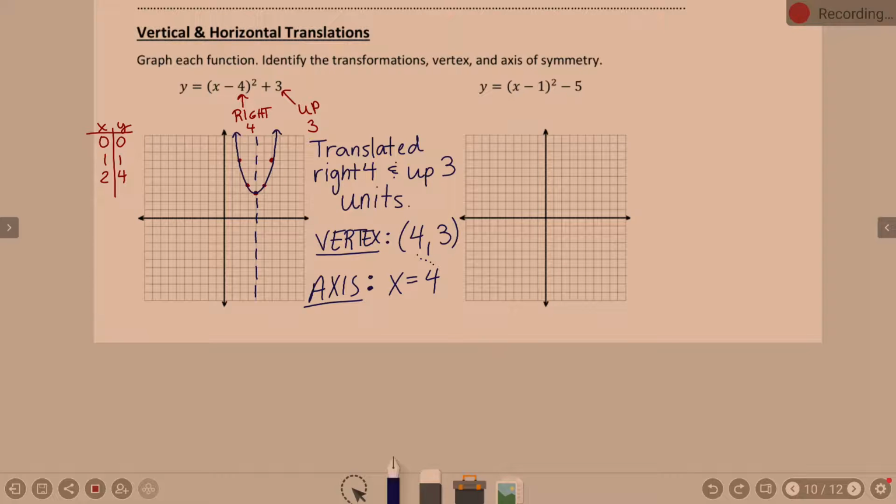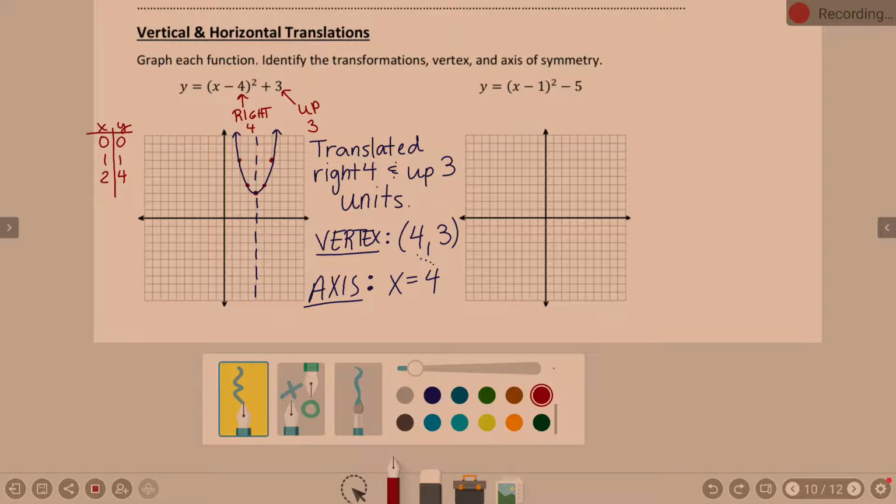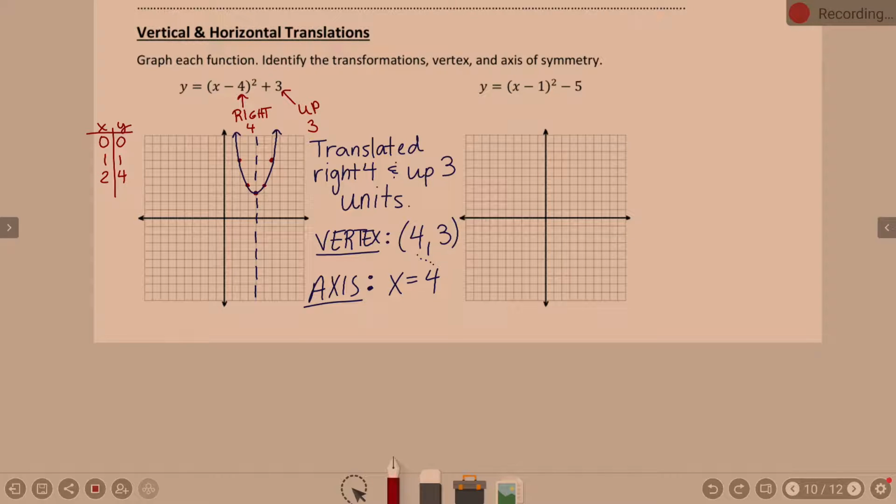Questions on that one? Okay. Y equals x minus 1 squared minus 5. Where is the parabola going? I heard right.